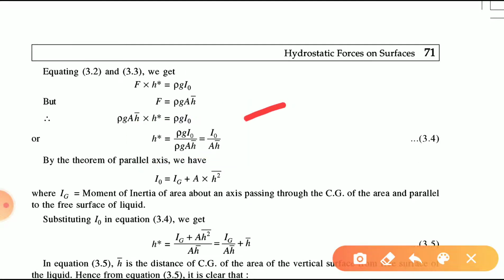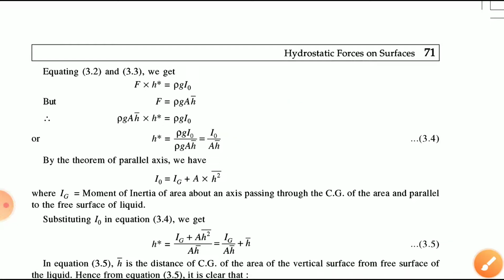But from this equation we cannot find the value of I0 directly, because it is very hard to find the moment of inertia about any axis located anywhere on this surface.